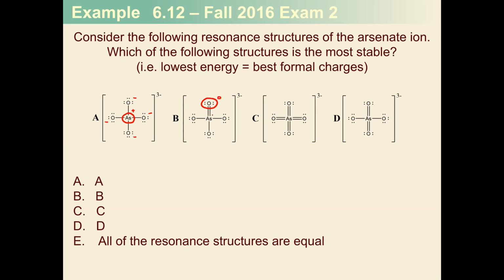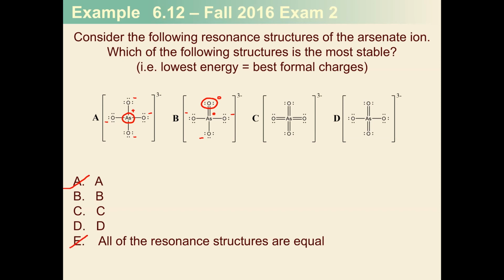This means that my arsenic is also formally neutral. The remaining ones of my oxygens are negative, and you will now notice that this has reduced some of the number of formal charges in our molecule. Currently, B is going to be more stable than A. So A can no longer be a possibility. We will also get rid of answer E.